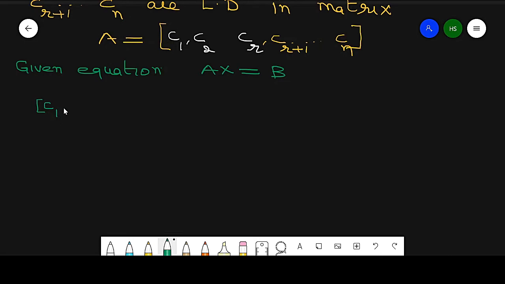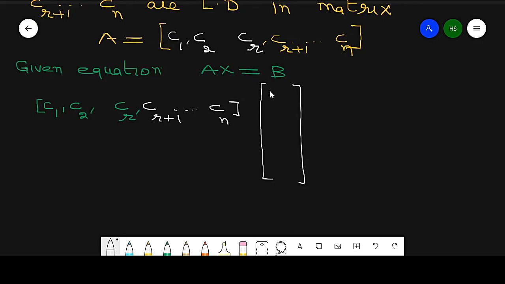A is C1, C2, up to CR, then CR plus 1, and so on up to Cn, and this is an X matrix, which is X1, X2, up to Xn, where XR plus 1 and so on, is equal to the B matrix.